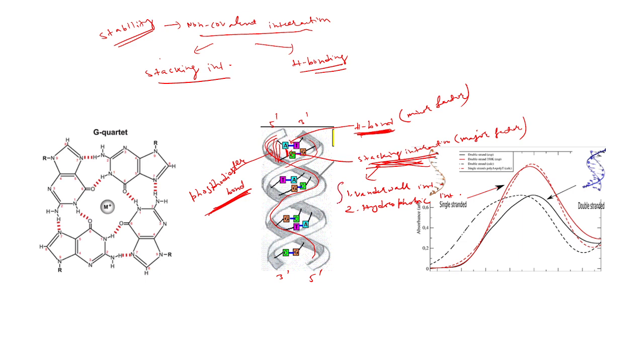So, van der Waals and the hydrophobic interaction, what is the function of this interaction? They minimize the interaction of the water to the non-polar bases. The bases, adenine, guanine, cytosine, thymine, are all non-polar structures.